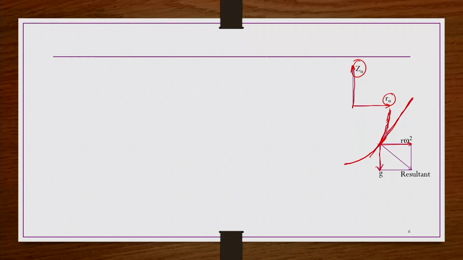One is in the downward direction, where gravity is predominating, and another is in the horizontal direction, where the centrifugal field is dominating. If you take the resultant of these two vectors, that resultant is going to be the total force acting at that particular point where you have drawn the tangent.